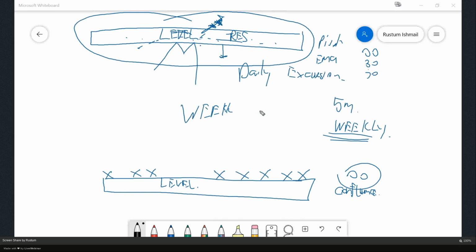So the weekly is there only to identify your playing field, identifies your potential direction, identifies your market state. That's what it does here on the weekly. It is so strong.